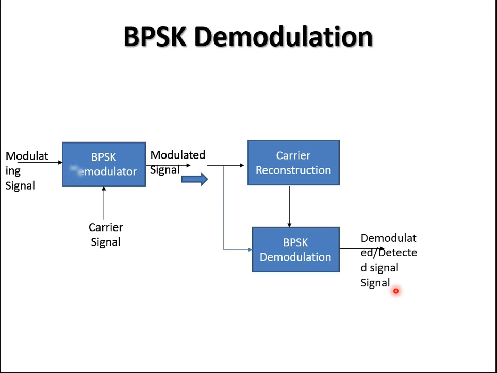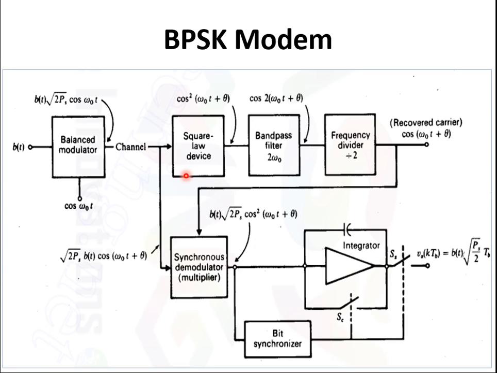Now I wish to see how exactly this second part looks, with all the different blocks present in the demodulation and carrier reconstruction block. Now we will see what exactly is happening here.